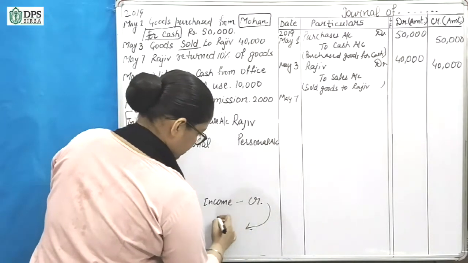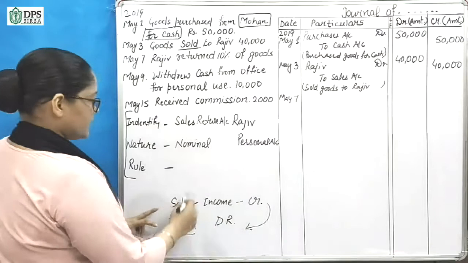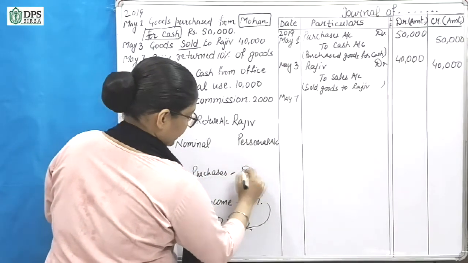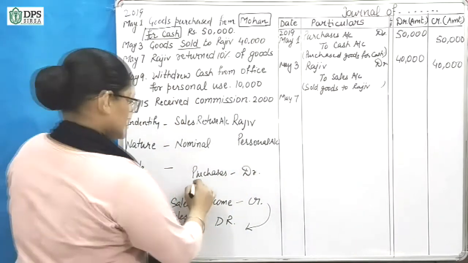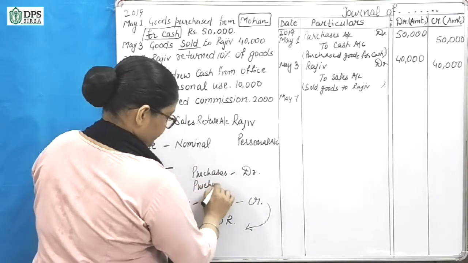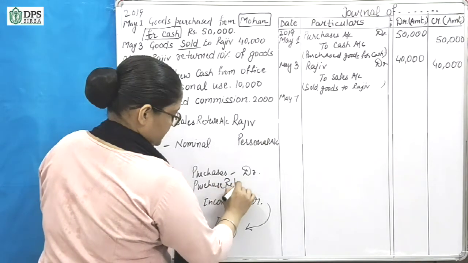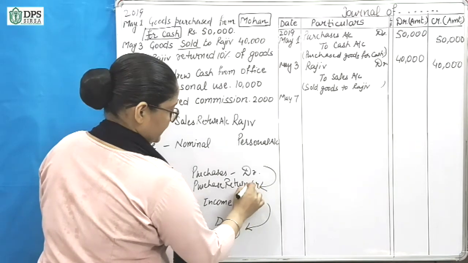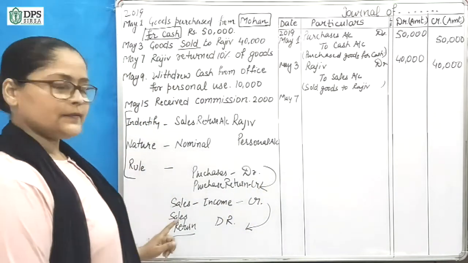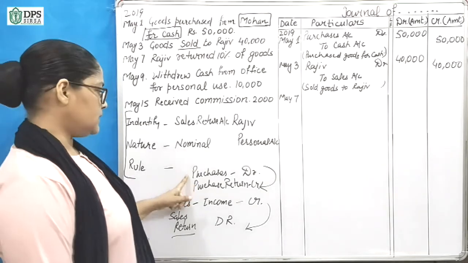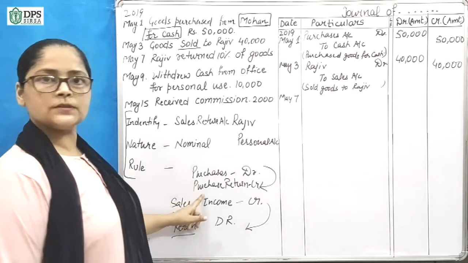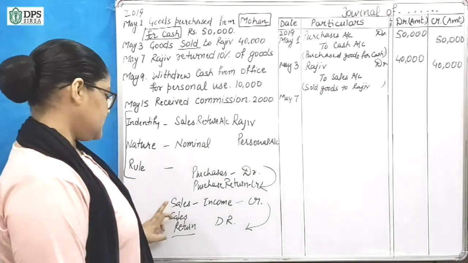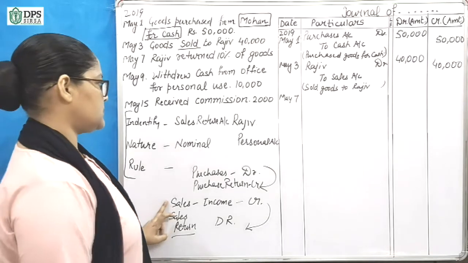It is the reverse of sales. Likewise, when we are purchasing something, purchases are debit because it is an expense. So when purchase return is there, it will be the reverse of purchases, so it will be credited. So make it clear that purchases return is the inverse of purchases and sales return is the inverse of sales.